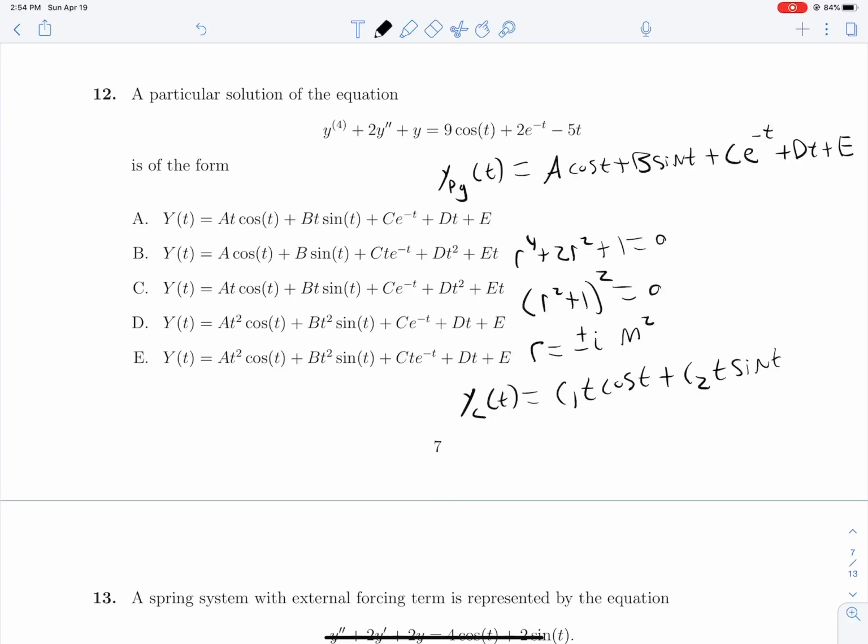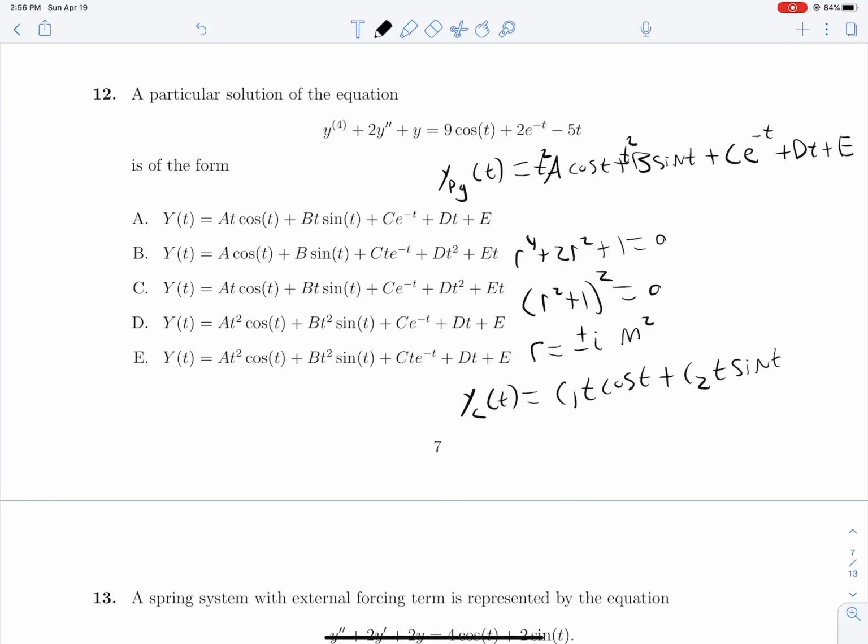And remember that extra t multiplied in is coming from the fact that we have a multiplicity of 2 for those solutions. So now we've run into a very niche situation that I've never seen happen elsewhere, and I'm still not completely sure why this works out the way that it does. But in order for our guess to be valid, we end up having to multiply our sine and cosine terms by t squared.